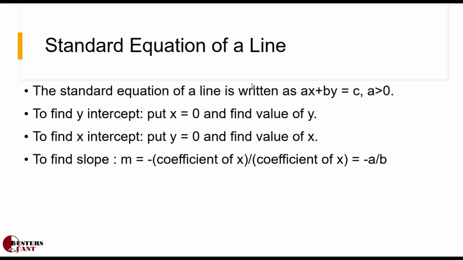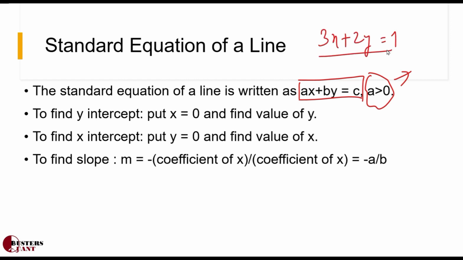Now there is a standard form of equation of line which is ax plus by equal to c. Here a is kept as positive. Okay, for example, any linear equation, 3x plus 2y equal to 1, for example. This is the equation of line. Now to find the y-intercept, what we have to do, just put x equal to 0.